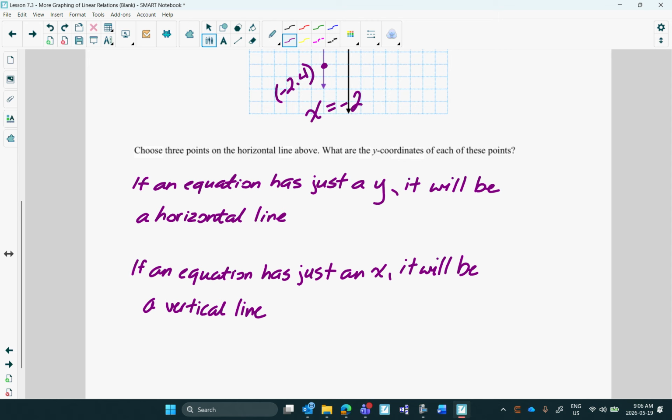So you have to remember the difference between those two. If an equation has a Y and an X, that's when we do a table, and it'll be slanted. We don't need to do tables for this.